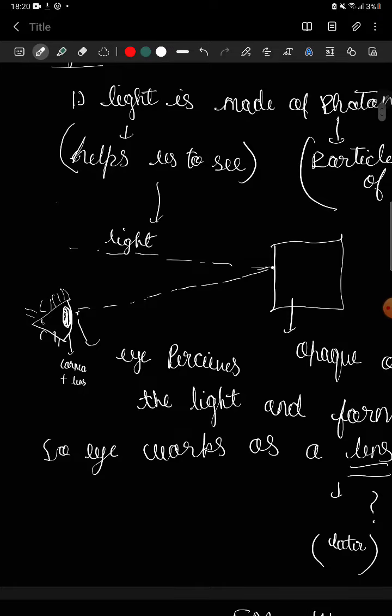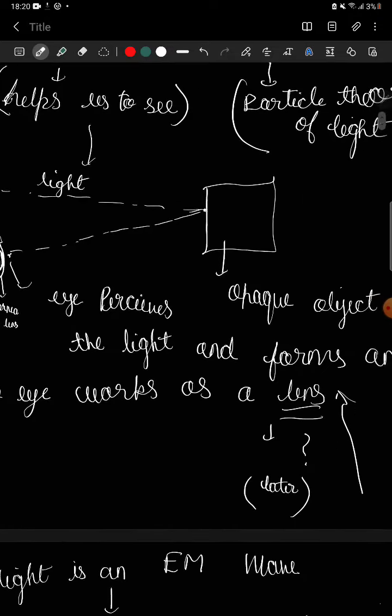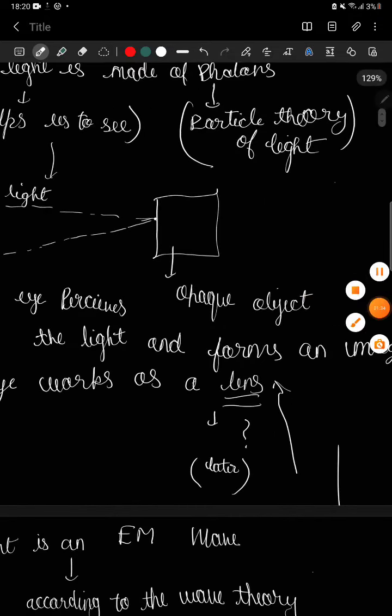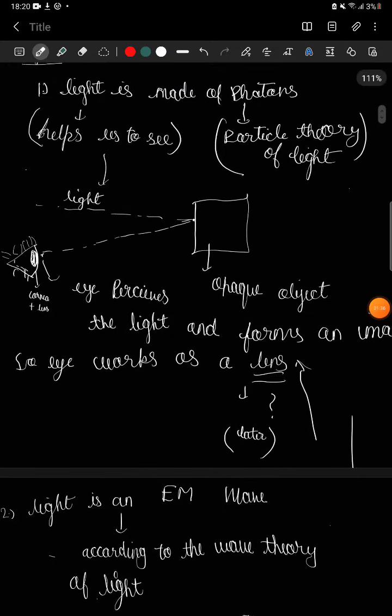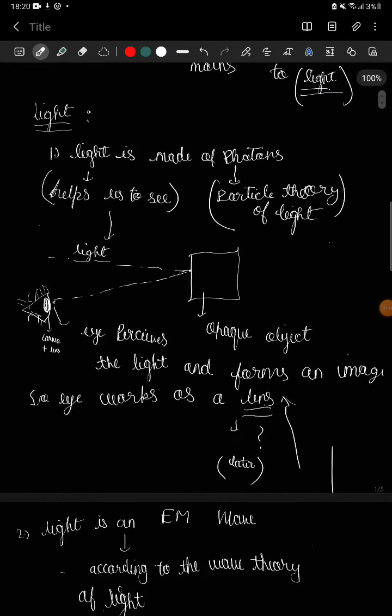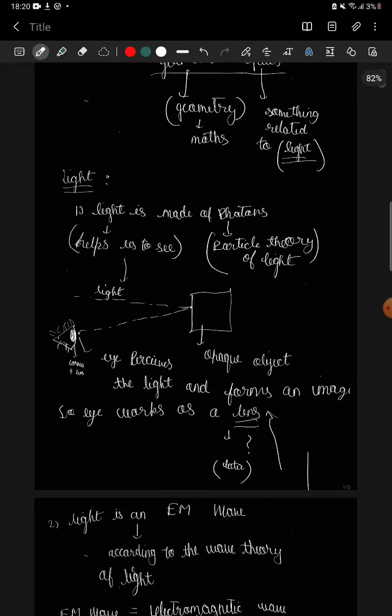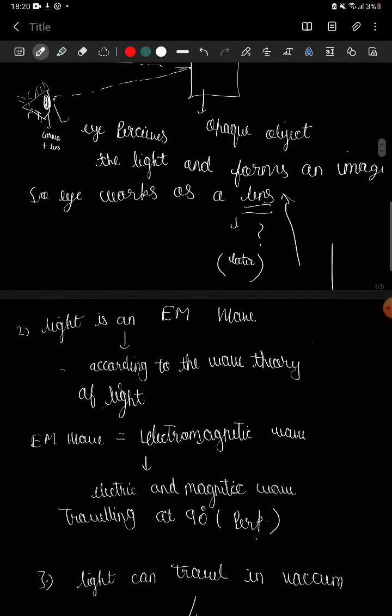The retina is basically the behind part, you might study it in the biology section. So that is that, and the eye works as a lens, right? Lens, what is a lens? So we will study lens later, but you can consider it something which takes an object and makes an image, just an optical device. For now you can consider that.